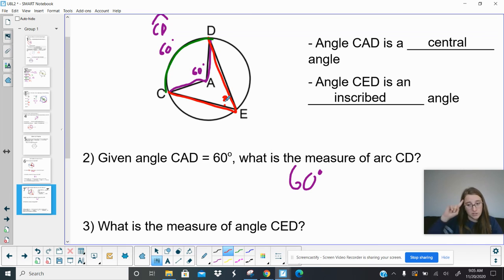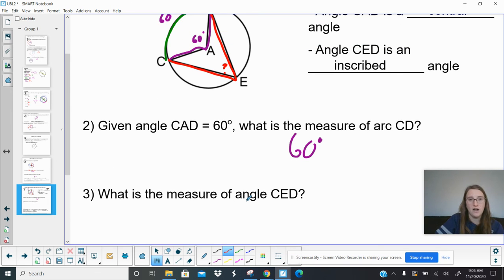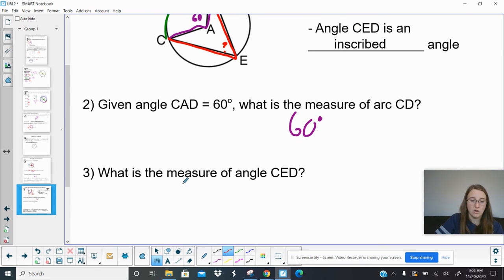So based on the relationship we know here, I have the big arc coming down to a smaller angle. What should my angle have to be? Well, we know that with inscribed angles, they are half of their arcs. So this angle needs to be half of 60.